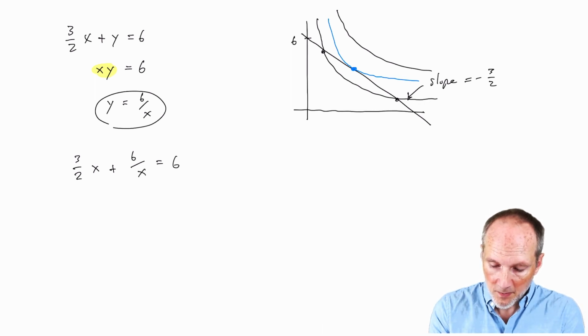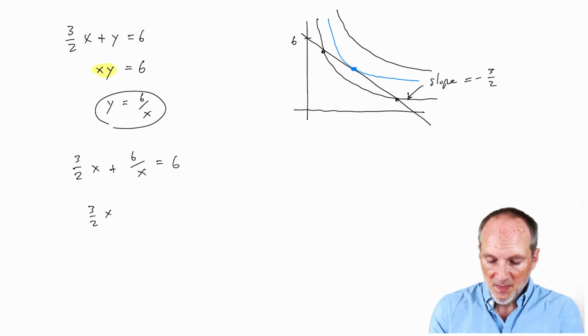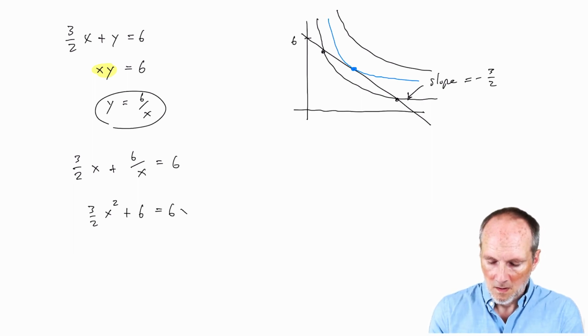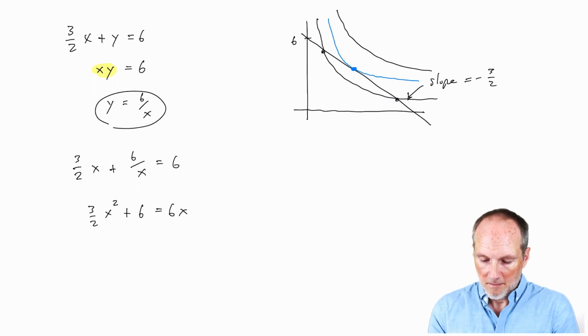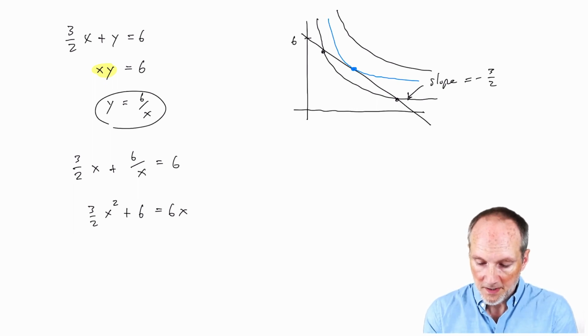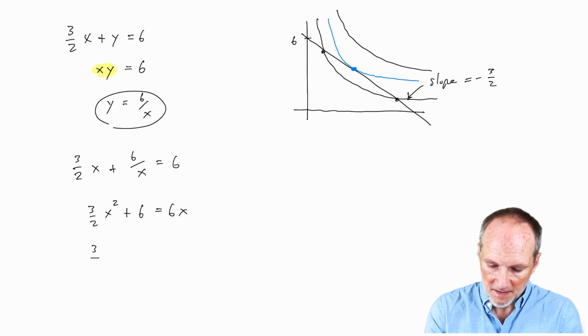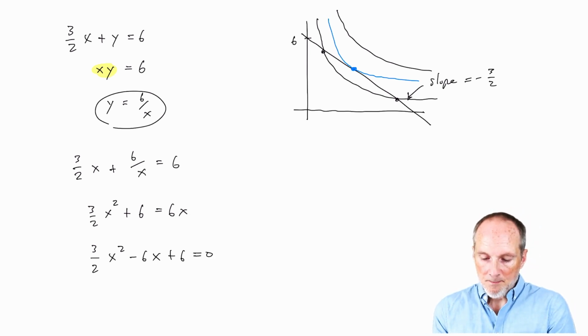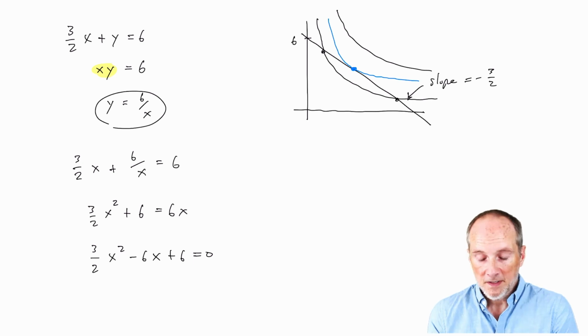So if we multiply both sides by x, we get the following equation. Let's subtract 6x from each side. So for x to be part of a solution to these two equations, it must solve this quadratic equation.